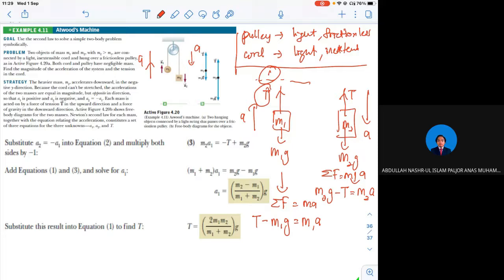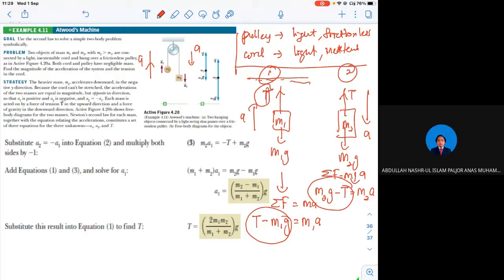Tapi tengok, how do I write it? T minus M1G, M2G minus T. How do I write it? Yes, based on the directions of acceleration. For example, situation number one, acceleration is going upward, naik ke atas. Siapa yang akan sampai dulu?